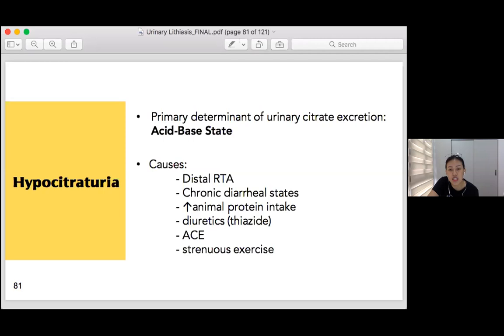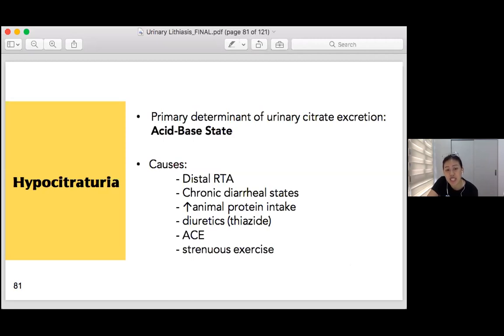cause is a mechanism whereby metabolic acidosis would reduce tubular reabsorption and decrease synthesis of citrate. So there are also several causes. So distal RTA, I'll talk about later. Chronic diarrheal states would also cause intestinal alkali loss in the stool.